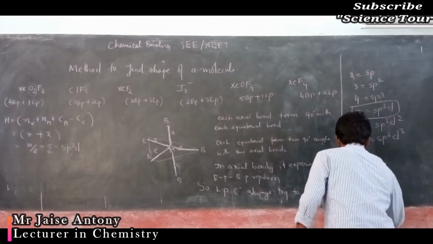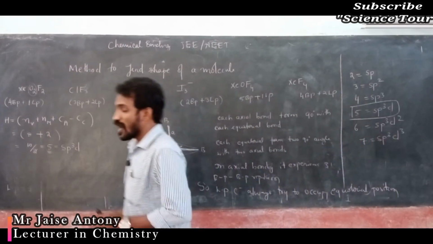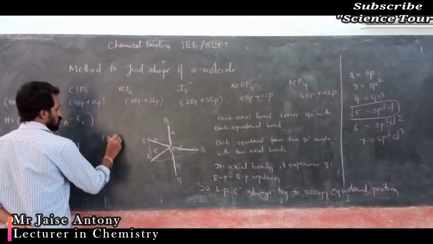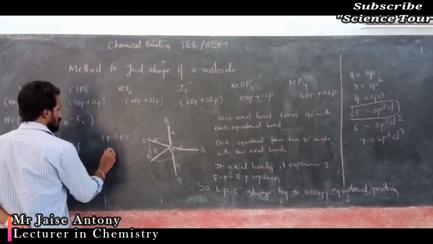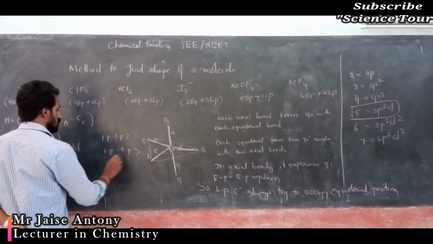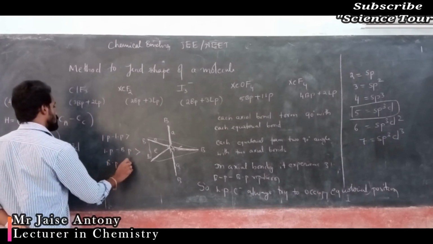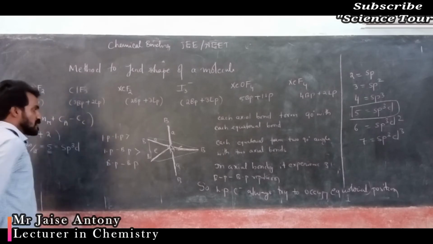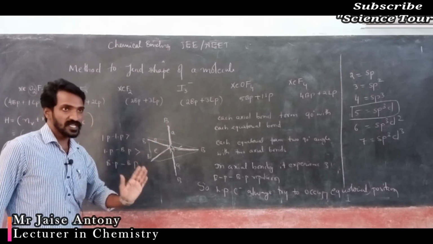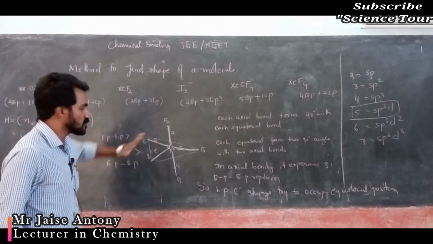Why does it occupy the equatorial position? To avoid repulsion, because lone pair repulsion is more compared to lone pair bond pair. So, my dear students, in this case the axial bond experiences more repulsion compared to the equatorial bond.